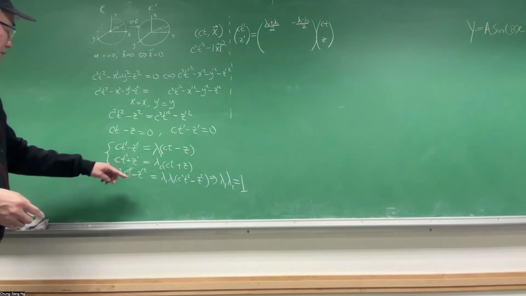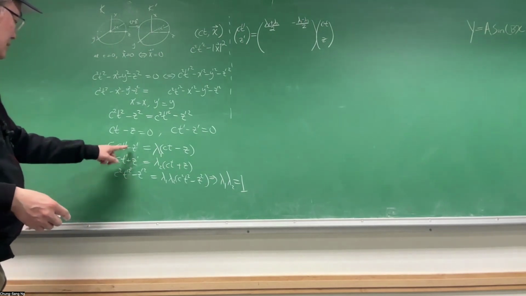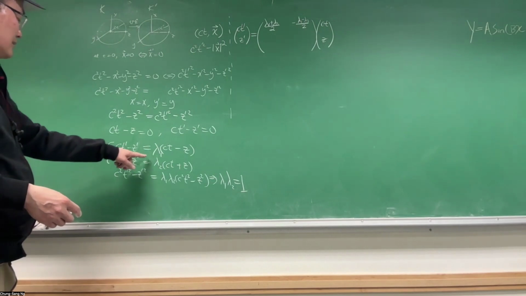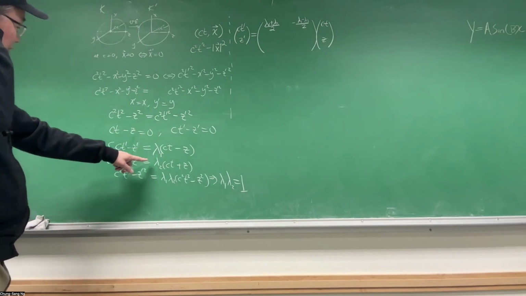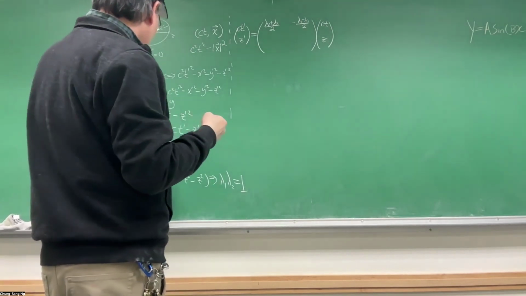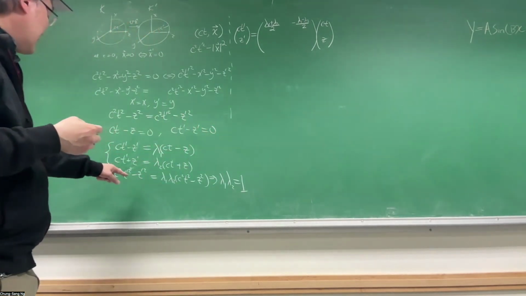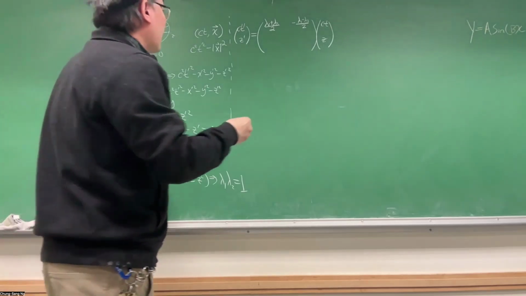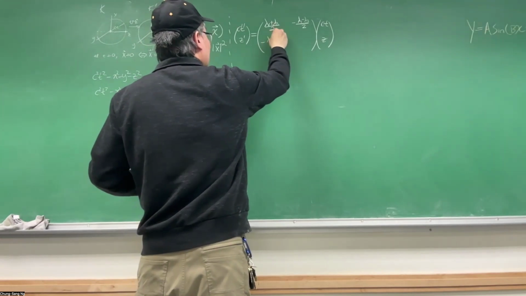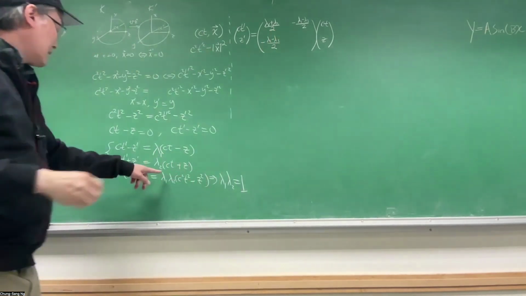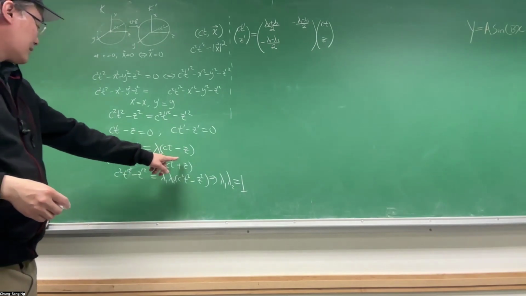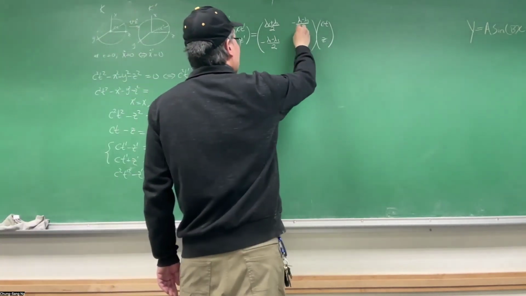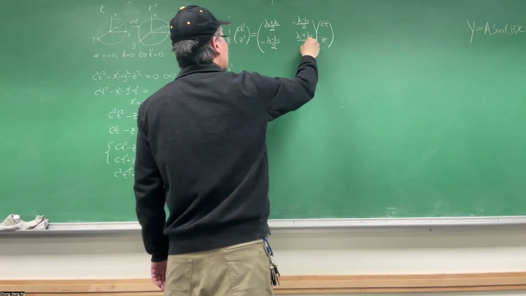For c prime, you subtract the two. When you subtract the two, it cancels with this 2, and you get a minus 2 as you divide by minus 2. So for this part, it is lambda 1 minus lambda 2 divided by minus 2. And for the c prime, minus minus becomes plus, and divided by minus 2 is just the same, with lambda 1 plus lambda 2.